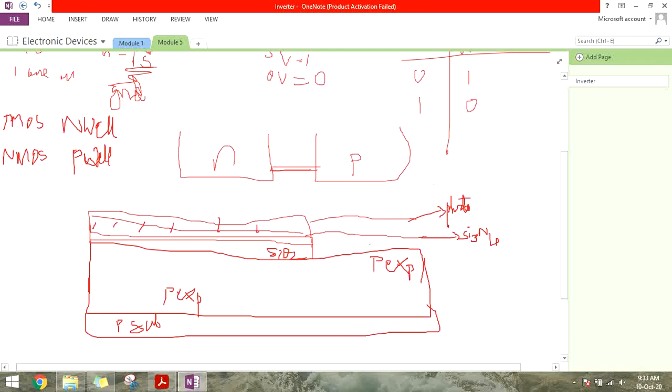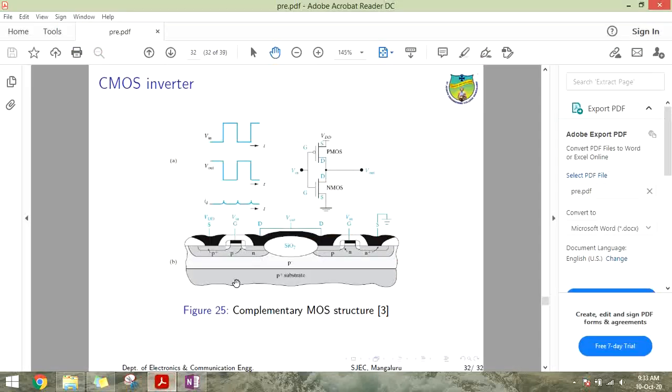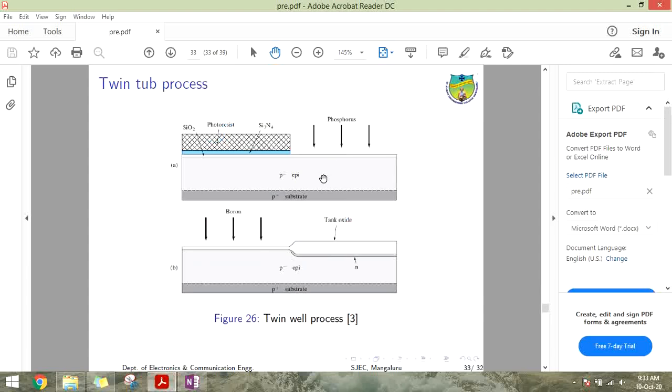Now what is done, we have etched off everything over here. The photoresist is etched, silicon dioxide is etched, then silicon nitride is etched. Now using the diffusion method, phosphorus is being diffused in this particular region to form a N well. Here you can see phosphorus is diffused in this region to form the N well.